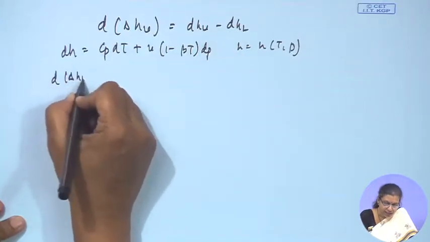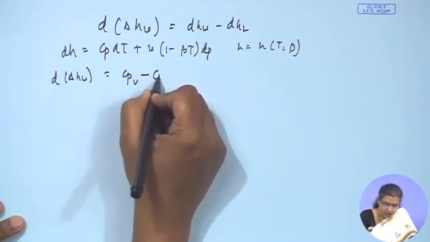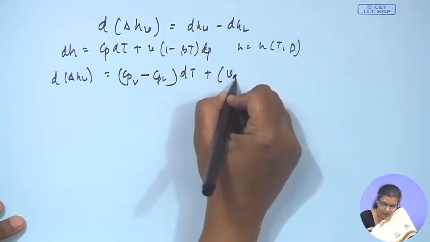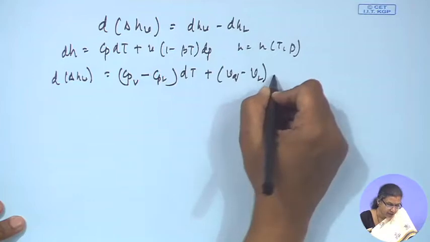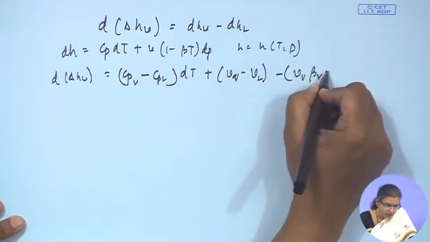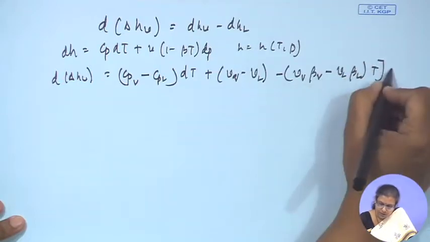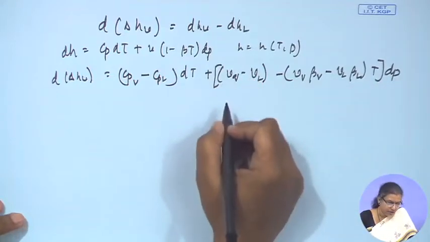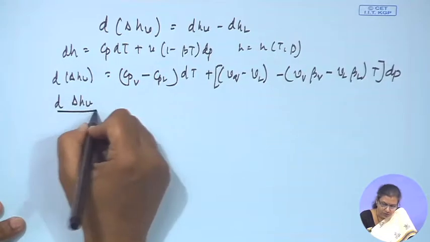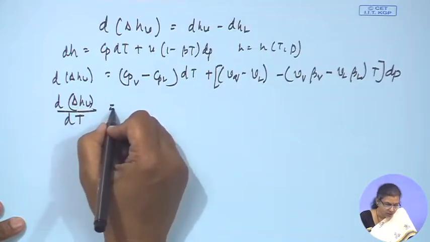We get d delta Hv, which is nothing but equal to Cp vapor minus Cp liquid dT plus V vapor minus V liquid minus V vapor beta vapor minus V liquid beta liquid T into dP, right. We get this equation, and from this equation, suppose I would like to find out the variation of the molar latent heat of vaporization with temperature.